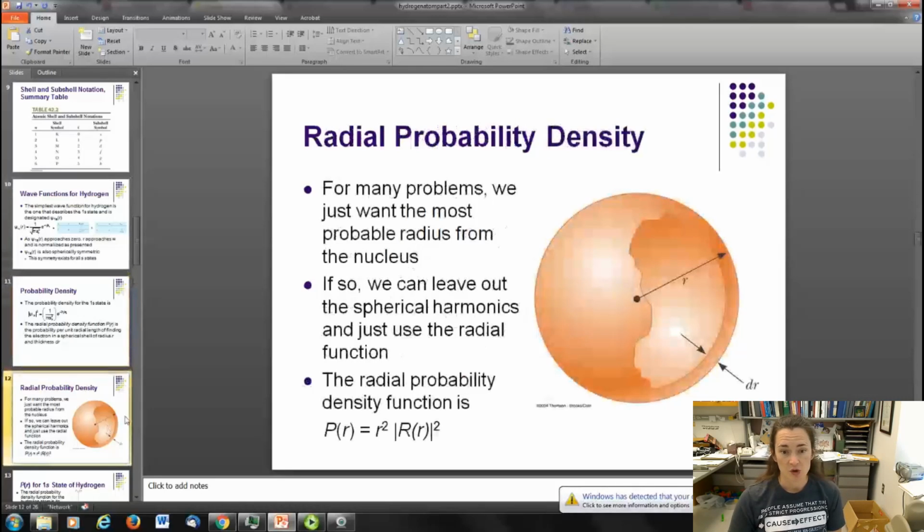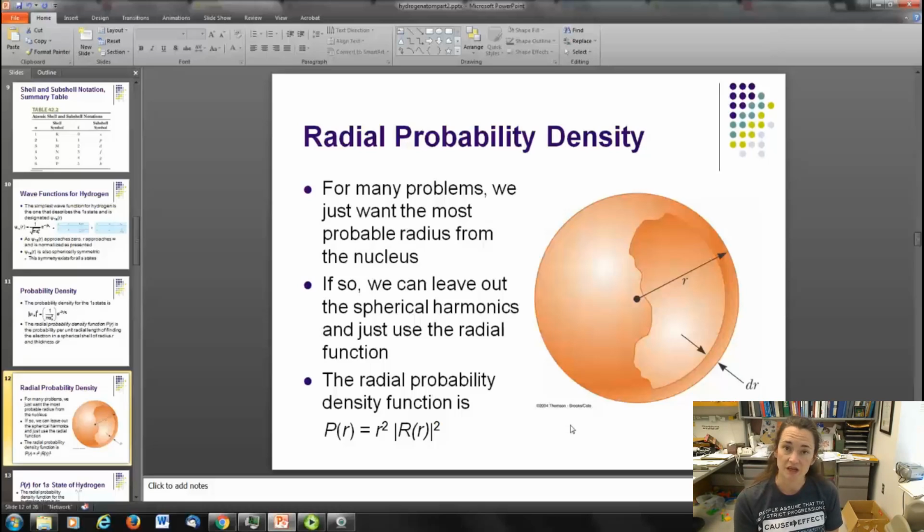Now, the radial probability density, P of r, is defined as the little r squared times the absolute value of your radial wave function squared, big R squared. The little r squared comes into play because if you want a most probable value, you have to integrate your wave function squared.